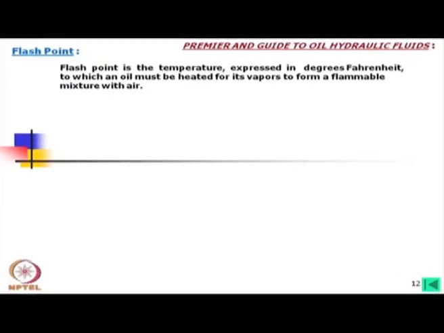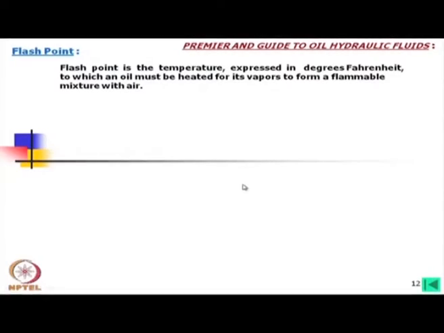It happens like this: when we start operating the machines, the temperature may be below the ambient temperature inside the factory or wherever it may be. But when the machine operates, heat is generated, oil is heated up and the temperature increases beyond the ambient temperature, but that temperature never exceeds the flash point, it should be below the flash point.